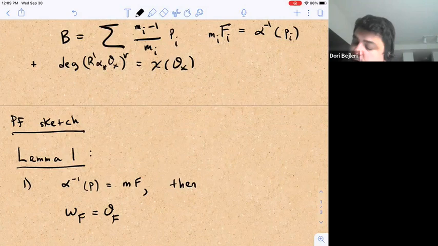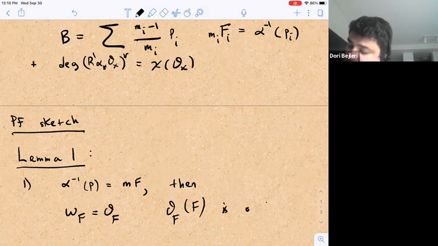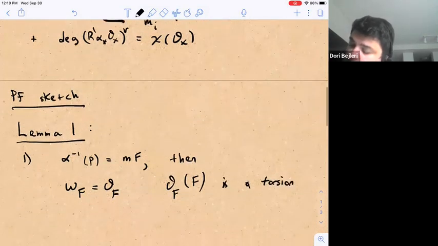And the line bundle O_F twisted by F, so this is roughly the normal bundle of this reduced fiber F, is a torsion line bundle of order M.